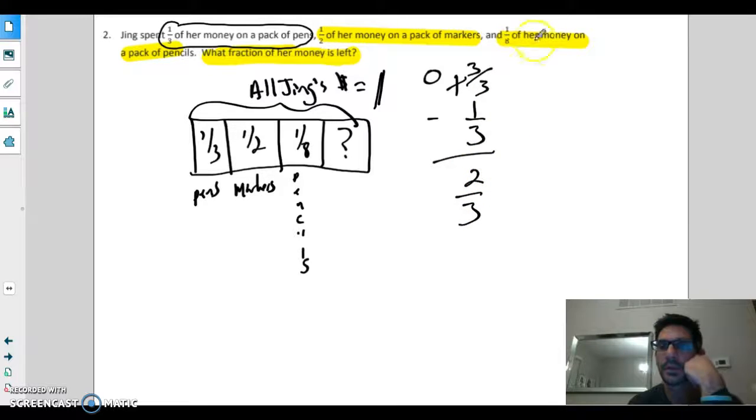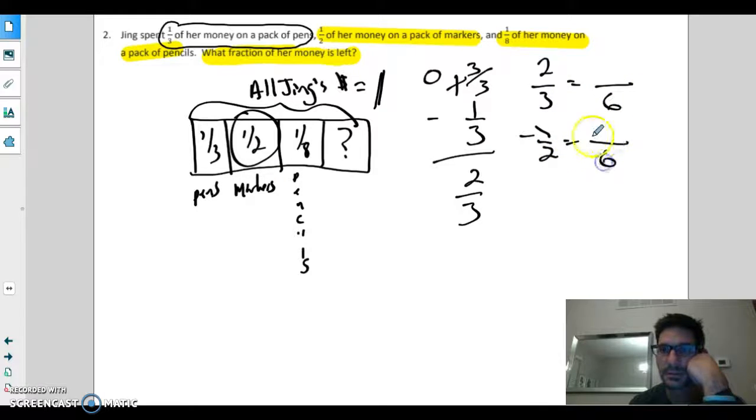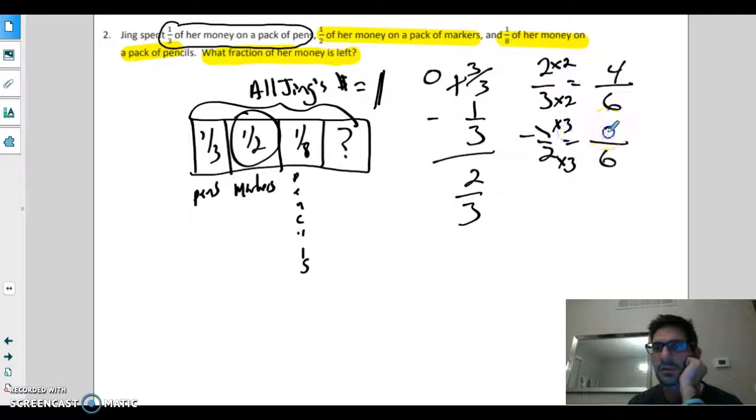All right, then I'm going to do 2/3 minus 1/2. The common denominator is 6, times it by 2, times it by 2, that's 4. 3 times 3. And you get 1/6.